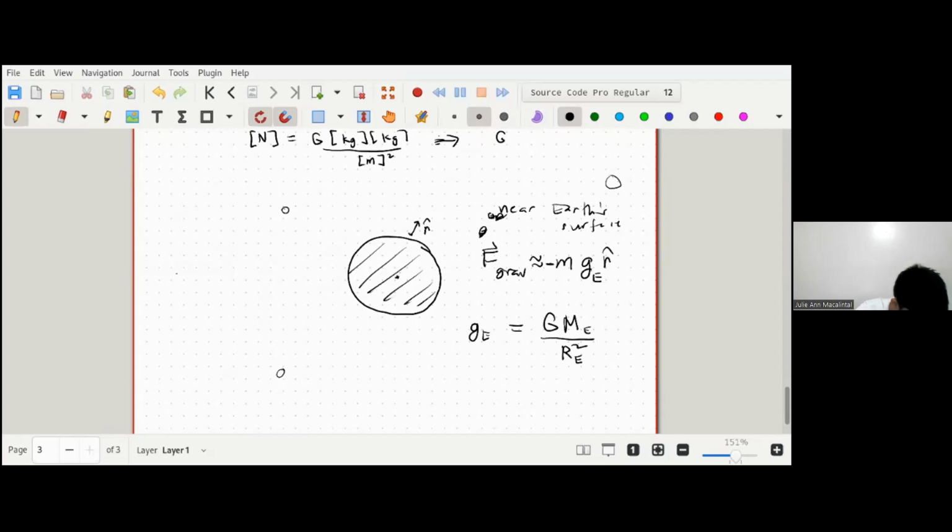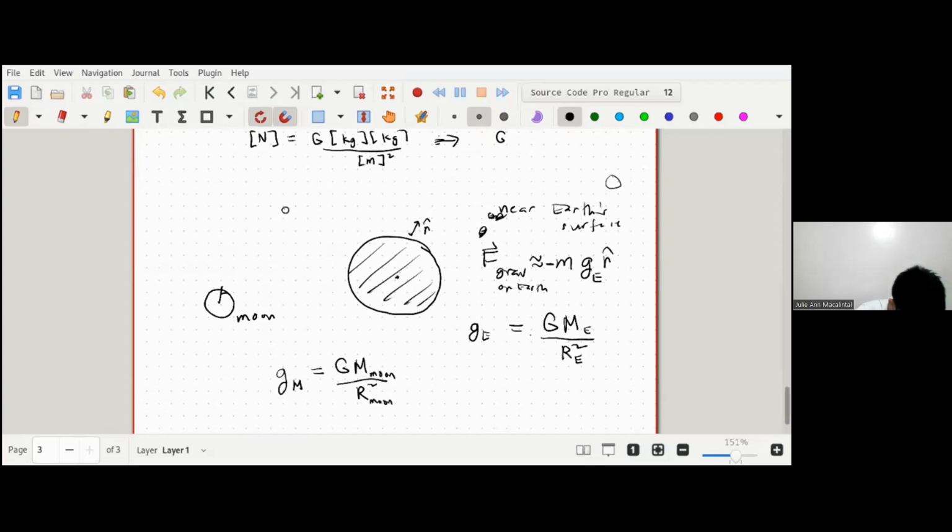If you're on the moon, near the surface of the moon, the gravitational force due to the moon dominates. So that's why there's also the gravitational force on the moon. So, on Earth, and on the moon, there's a gravitational acceleration on the surface, g, mass of the moon, divided by the radius of the moon square.